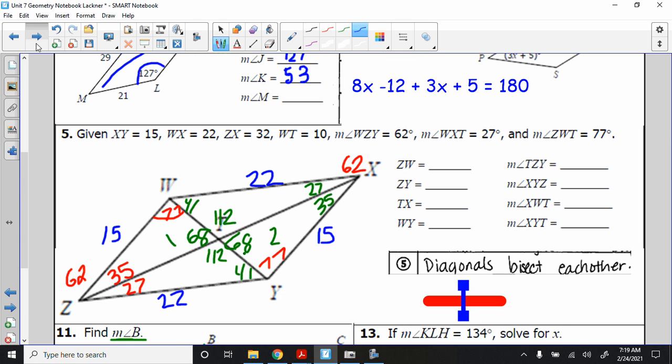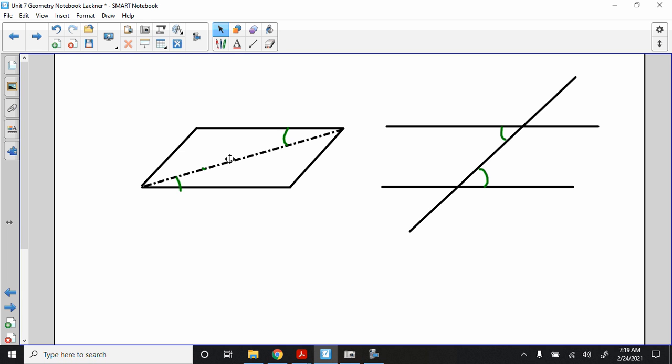Remember, if I know this corner is 134, subtracting it from 180 would get me this angle. So 180 minus 134 is 46.